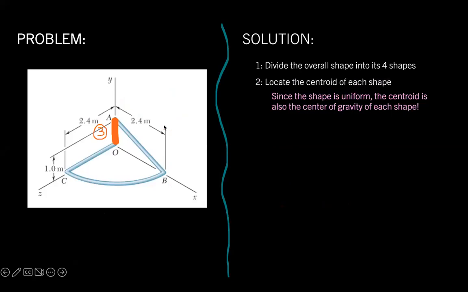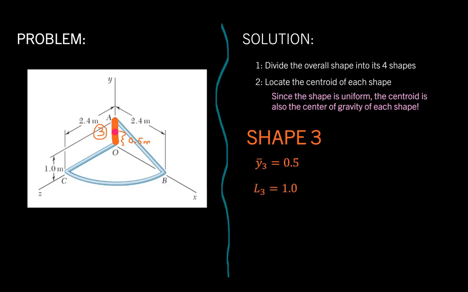Next, we will focus on shape 3. For shape 3, the centroid is pretty simple. It's just the half distance, half of 1, which is 0.5 meters. So y3 bar is 0.5 meters. L3 is equal to 1 from the diagram over here.